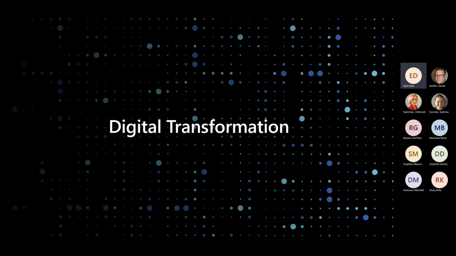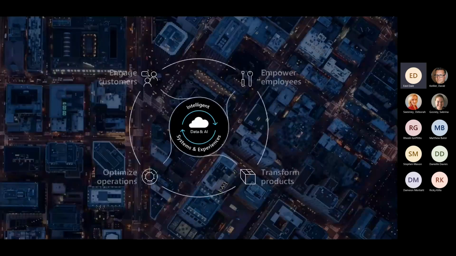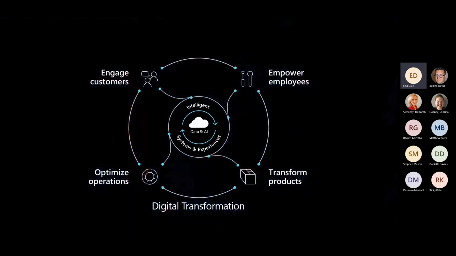Now, some people might consider digital transformation, such as going paperless, for example, but to what ends? Why digitally transform? Well, Microsoft believes the keys to digital transformation lie around these 4 pillars. These are the reasons that customers look to digitally transform.